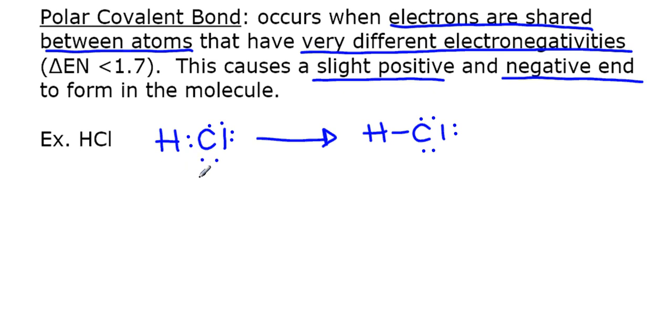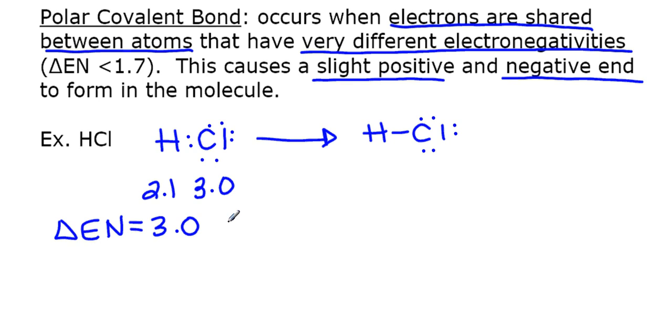Chlorine is 3.0 and hydrogen is 2.1. So here, if we're calculating electronegativity difference, we're taking 3 minus 2.1 and we get 0.9. So that definitely falls within our range here, less than 1.7. What this means is electrons are shared, but they're not shared equally.